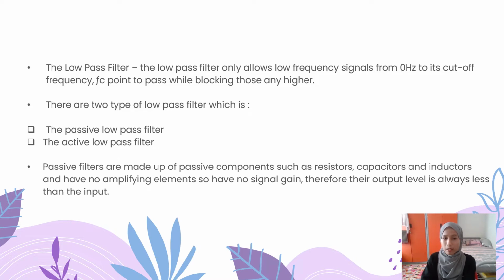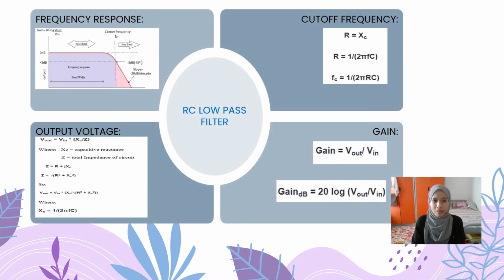Passive filters are made up of passive components such as resistor, capacitor, and inductor, and have no amplifying element, so have no signal gain. Therefore, their output level is always less than the input. For the RC low-pass filter, the passive low-pass filter is made up of a resistor connected in series with a capacitor, and the output is taken across the capacitor.